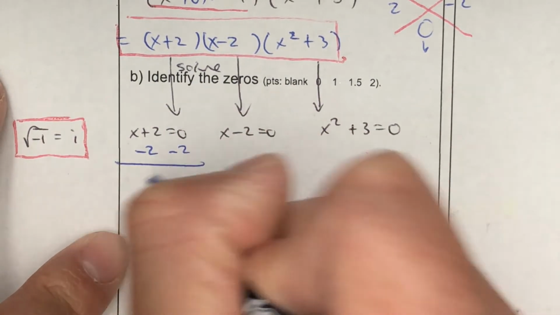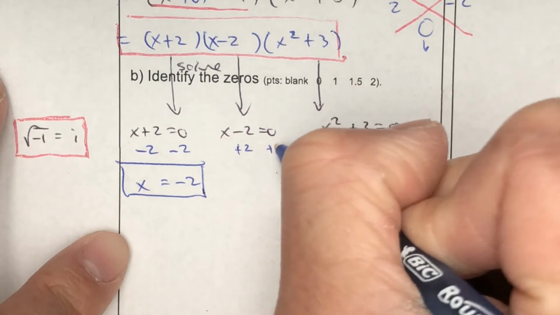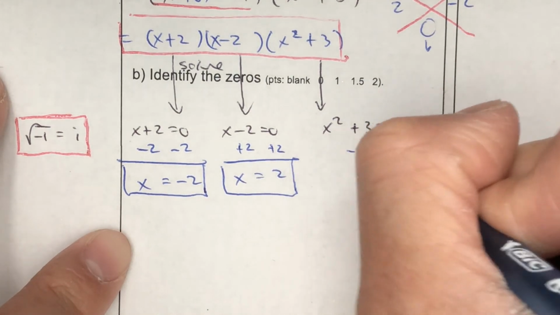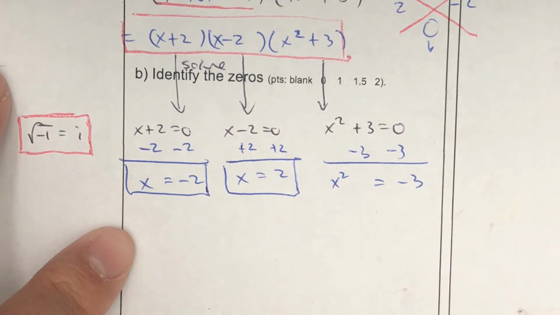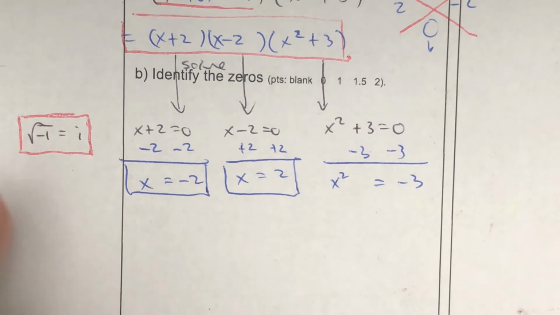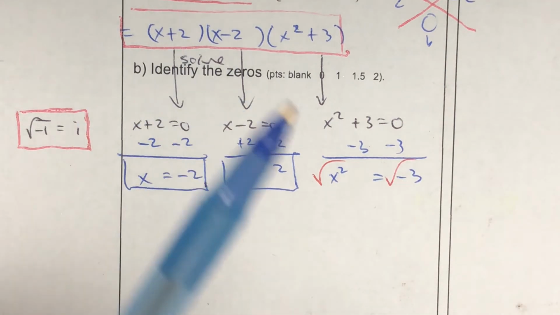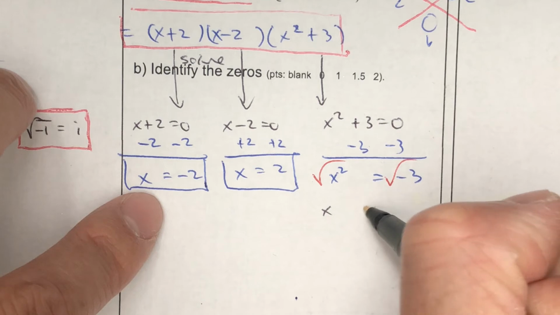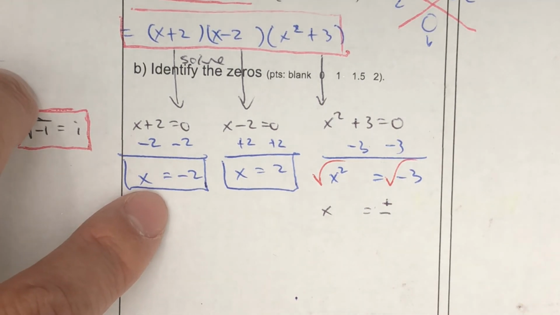Subtract 2, x equals -2. Add 2, x equals 2. Subtract 3, x squared equals -3. How do you get rid of the power of 2 there? You have to take the square root. We talked about previously, if you take the square root of an equation, it's plus or minus.